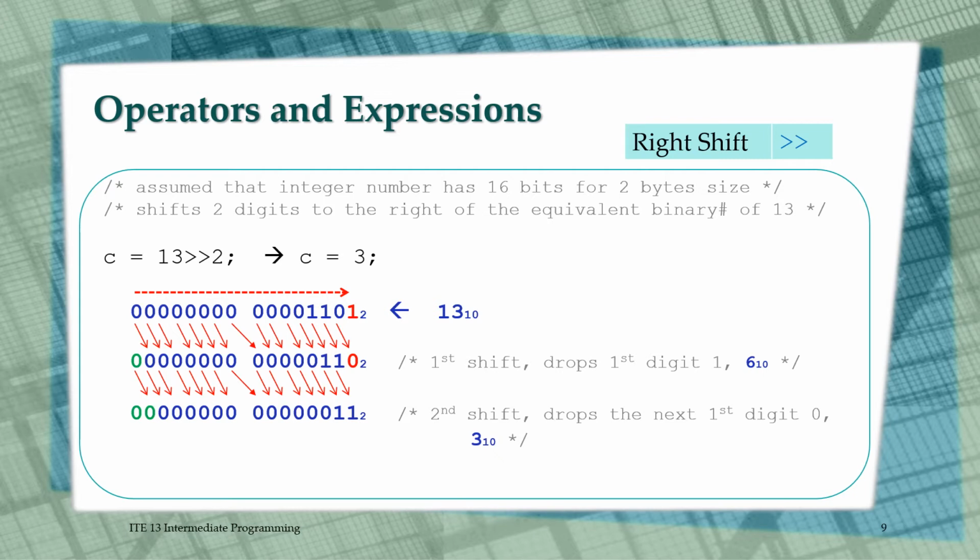This makes the least significant digit 1 shifted out, resulting in the series 110, which is actually integer 6 for the first shift, while on the second shift, with the same operation, resulting in the series 11 or binary 11, which is actually the equivalent of 3 in integer.